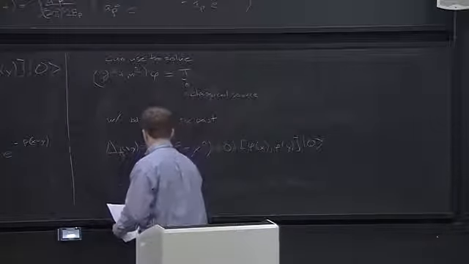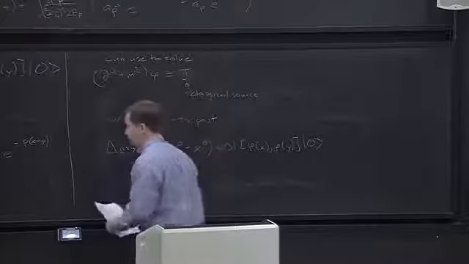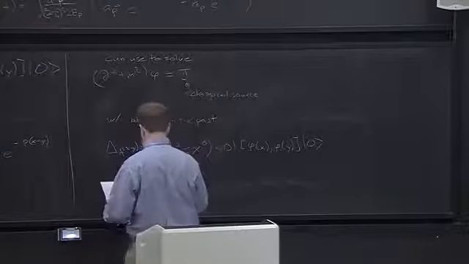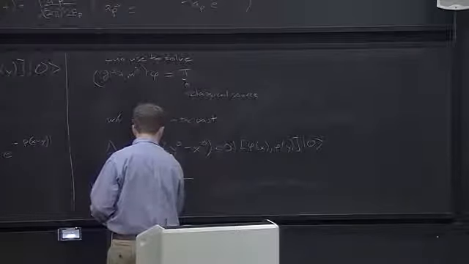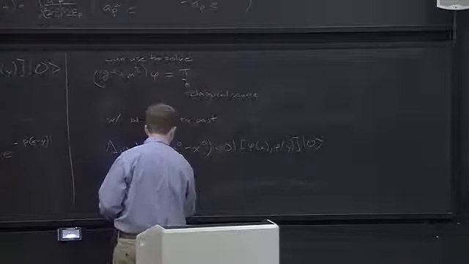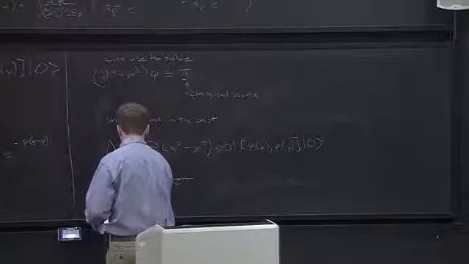And the expression for the advanced Green's function would be exactly the same as for the retarded Green's function, except we would choose a different contour. This is the advanced contour.